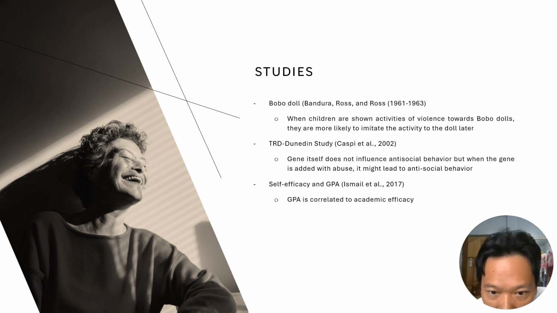And then we have the Dunedin study, in which genes themselves do not contribute to the behavior itself. It could be a multifactorial factor. For example, you learn it from obesity. Let's say you don't have the genes that promote obesity, but you are placed in a family that doesn't have the right eating habits.